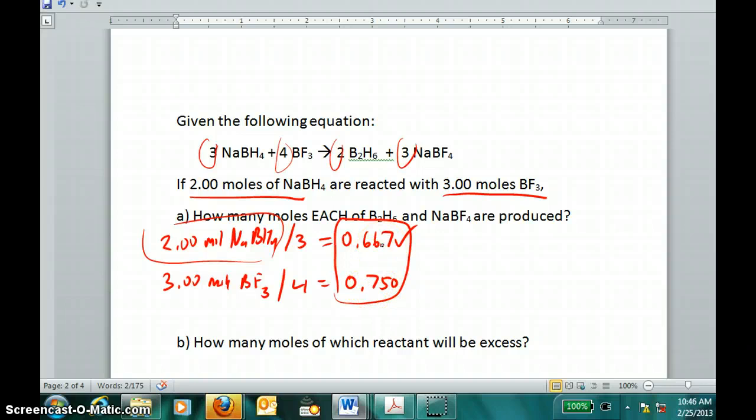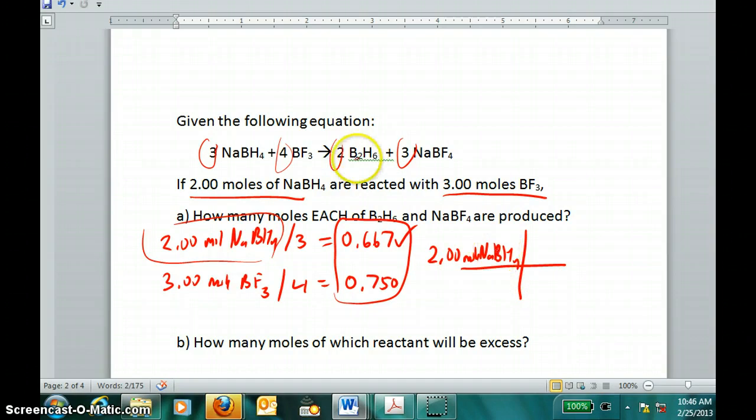So what do I do now? Well, I answer the question, and everything's going to start with my limiting reagent: 2.00 moles of NaBH4. And I'm asking in this problem, how many moles of each product will I get? Well, the first one, B2H6, I know this guy's going to run out.